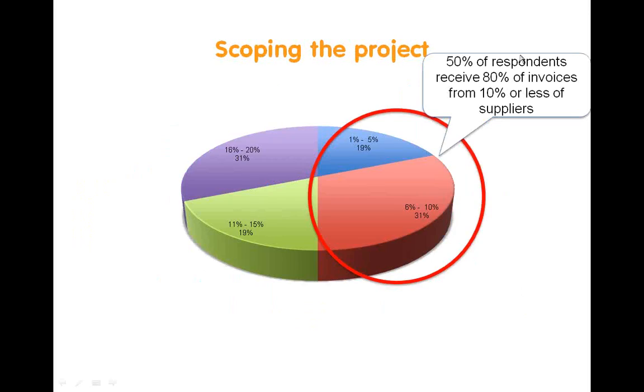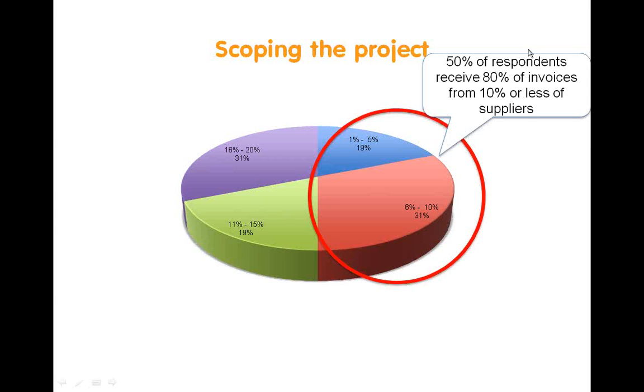If we have a look at this pie, we did a survey quite recently, really just to ask the market. We did this with about 40 shared services organisations, and the question was, where do 80% of your invoices actually come from?